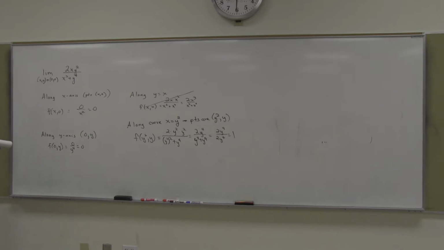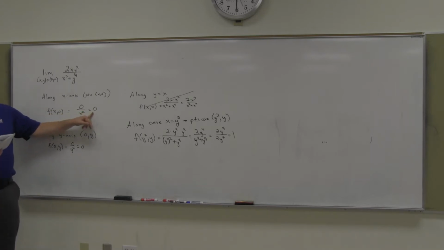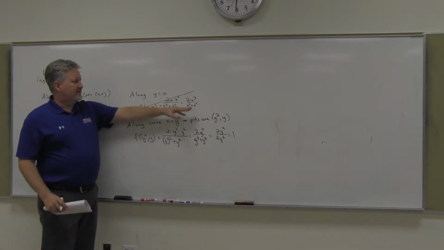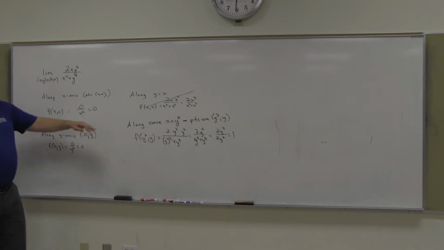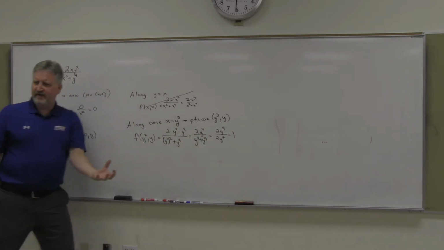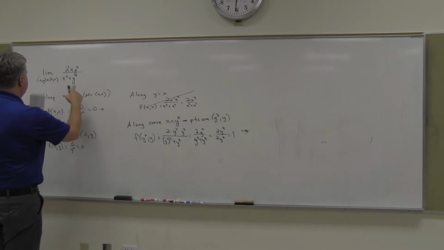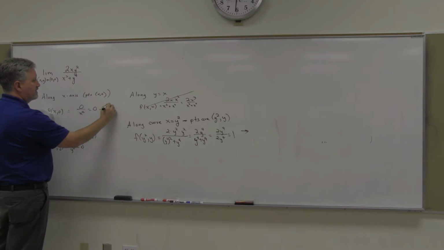So that's the kind of thing you're looking for: something that's going to simplify to where it helps you. I've got one way coming to 0. Well, actually, 2 ways coming to 0. The line y equals x didn't really help me, because it's not going to simplify to anything other than 0 over 0. But I don't know, maybe we could use that. So this shows me that f of x, y is going to go to 0 along that axis.